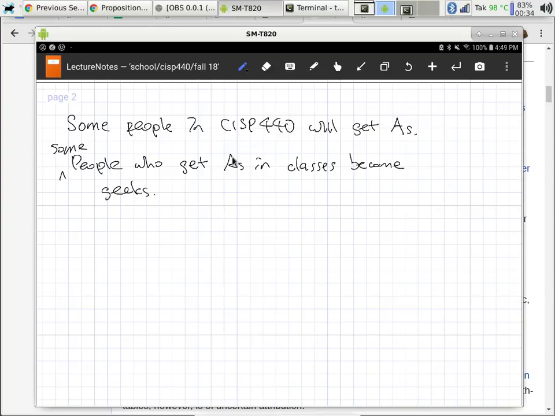So given these two are true, okay, so you're told that these two statements are true, what can you infer? Some people who get the grade of A in CISP 440 will become geeks. Can you say that?